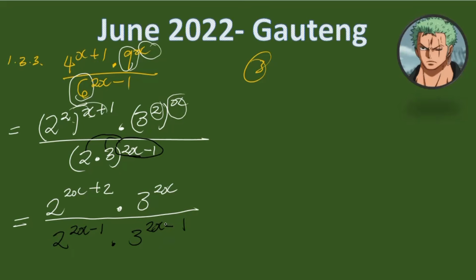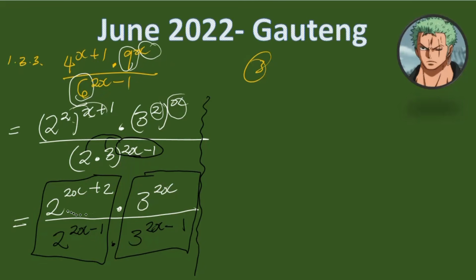Now, when it's like that, you take everything to the numerator. Right? You're going to say these ones have the same base, so you'll divide them together, and these ones have the same base, you'll also divide them together. So I'm starting with this now. That will be 2 raised to 2x plus 2. Now when you divide powers with the same base, you subtract exponents.